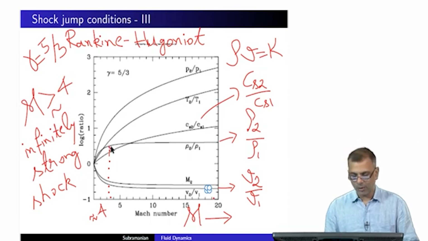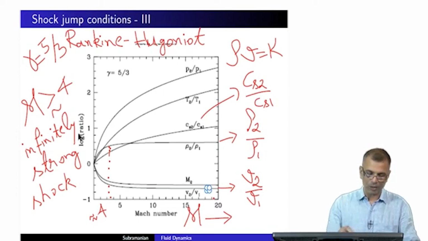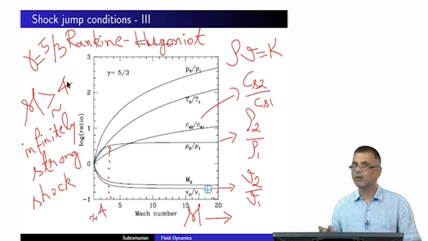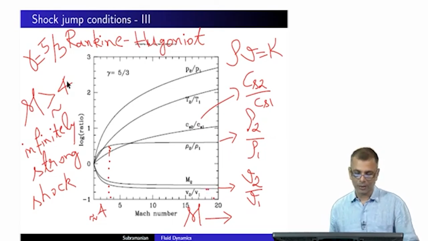The Mach number can be 4 or 100, it is the same jump in density and velocity. It's in that sense that shocks with Mach numbers greater than 4 are called infinitely strong shocks. So I just wanted to emphasize that a little bit.